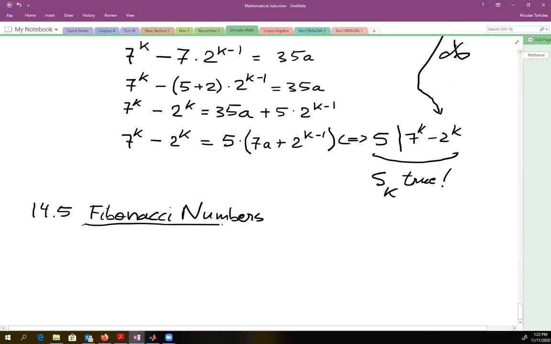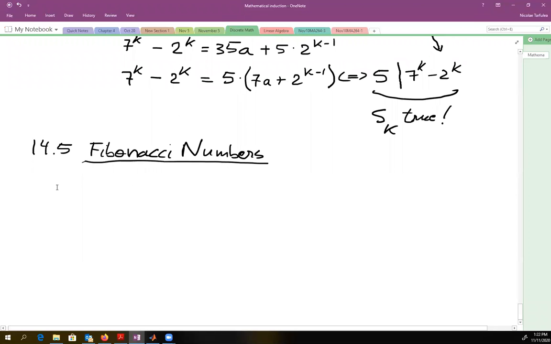Fibonacci was an Italian guy. He lived in what is now Italy in the 12th century, and he published a very interesting book called Liber Abaci. And in this book, we have this sequence of numbers, which is very famous.